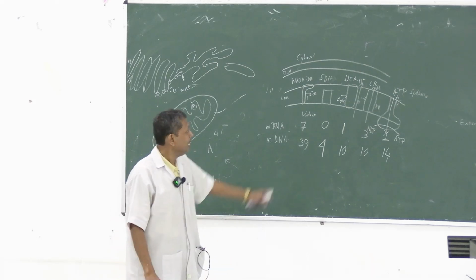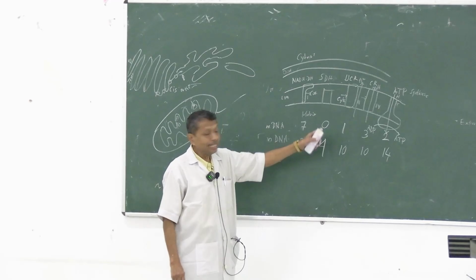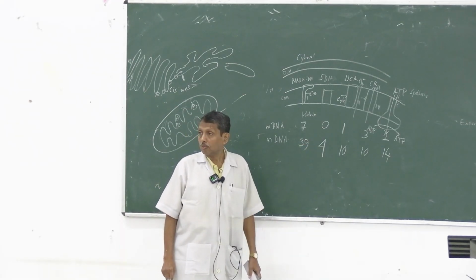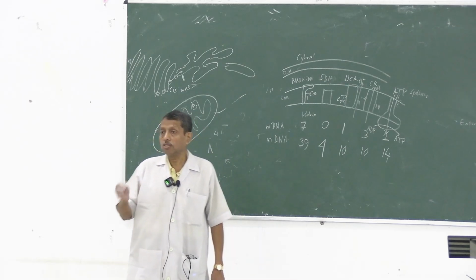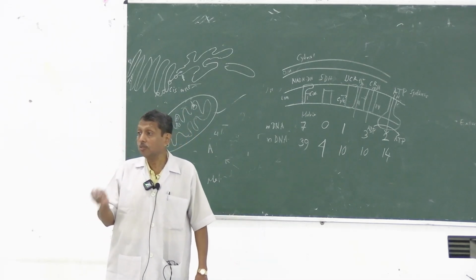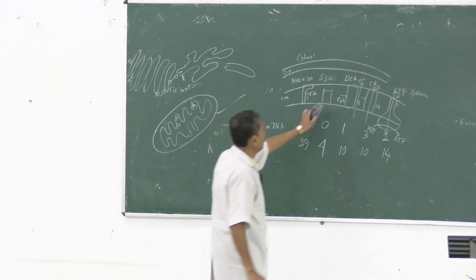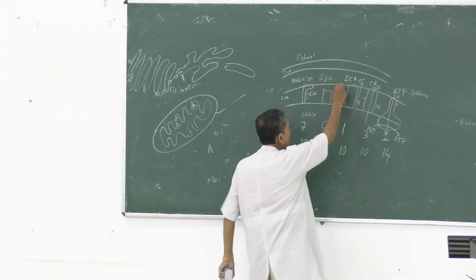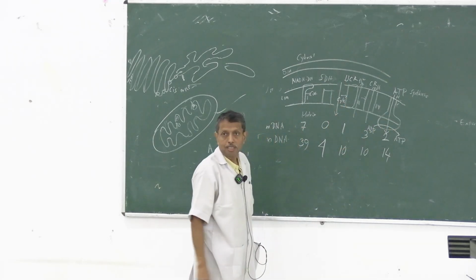Now, if this process is disturbed, the energy is consumed, but ATP is not produced. Oxidative phosphorylation: oxidation along with phosphorylation, that is the generation of ATP. Suppose due to some drugs or some defects, hydrogen ions come out not through this complex 5 or ATP synthase.